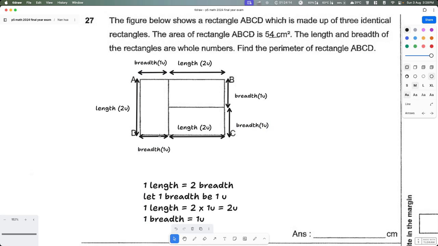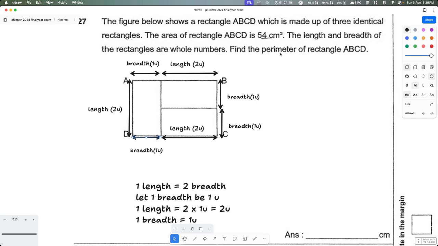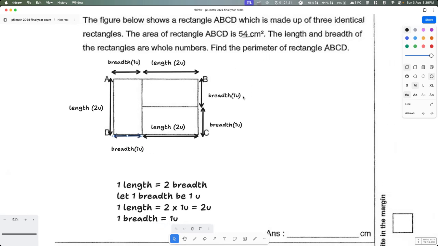All right, so you can see here we have 54 centimeters square. So in this case, basically AB is equal to DC, right? Which is also equal to 1 plus 2, equal to 3 units.